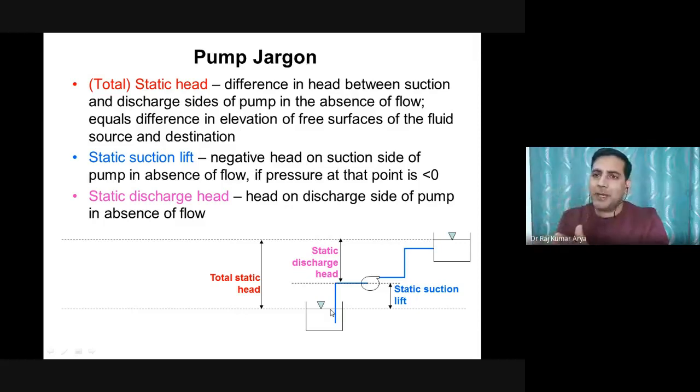The same thing happens in the case of a pump. Each pump can suck the fluid from some particular gap only. Beyond that, they will not work. So this is called the suction lift of the pump, and it can also be calculated theoretically. How do we calculate the theoretical suction lift?